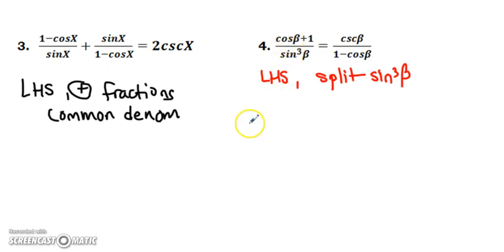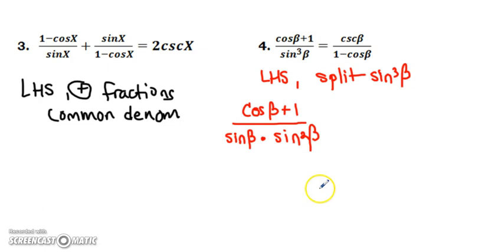So here's the deal. We've got cosine of beta plus 1. And then I'm going to rewrite sine cubed as sine of beta times sine squared. As often as possible, I want to try and get a quantity squared in my expression because that I can change.